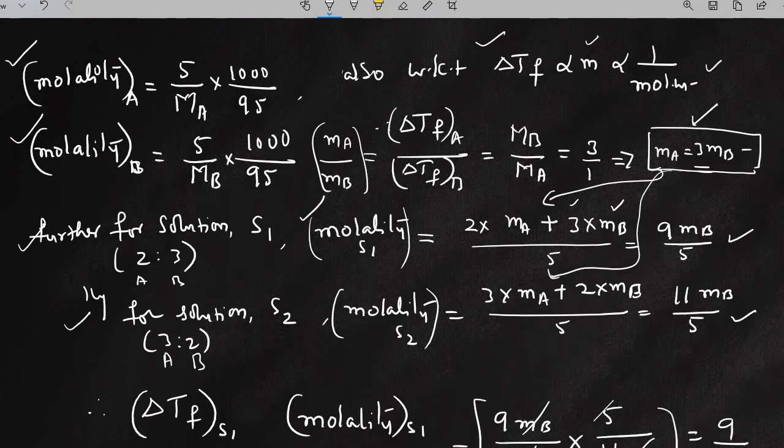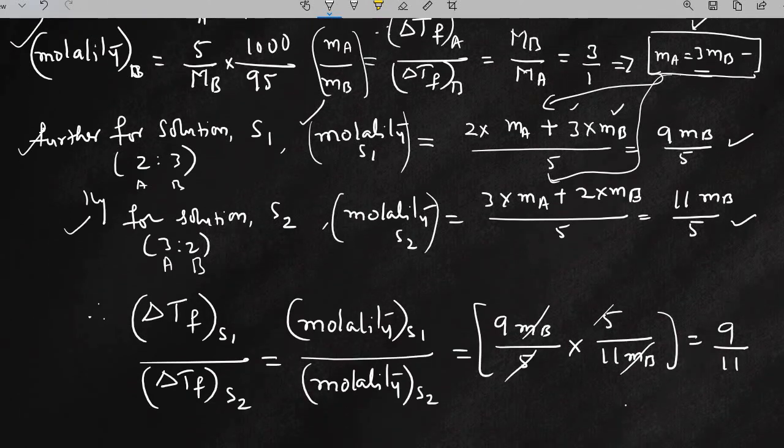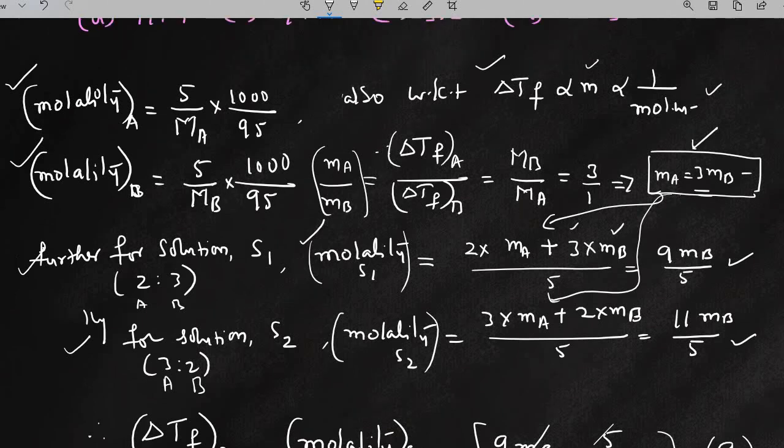So using that, delta T of S1 by delta T of S2 equals molality of S1 by molality of S2. After simplification, upon cancellation of MB, you will get 9 by 11. That means the required ratio of the colligative property of S1 and S2 is 9:11. 9:11 is the answer for this problem.